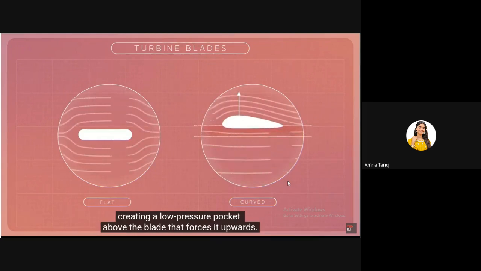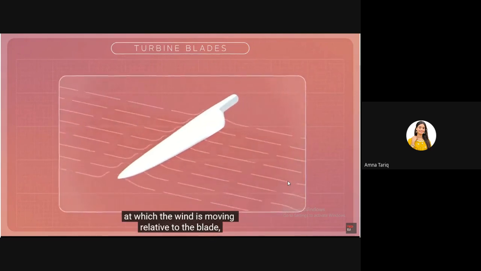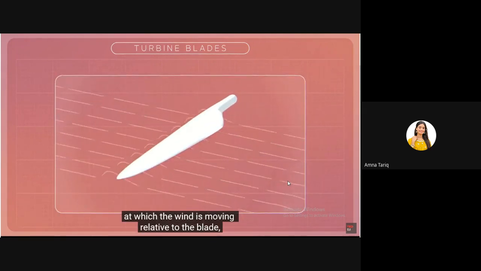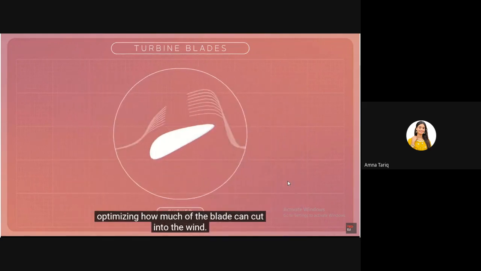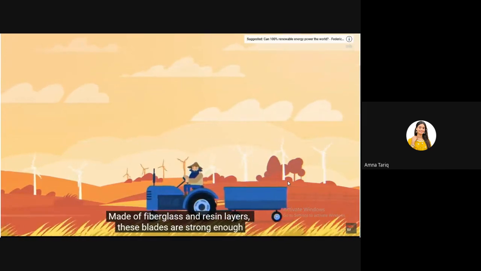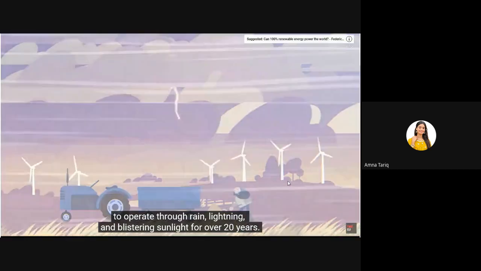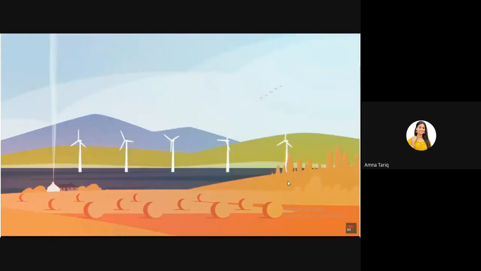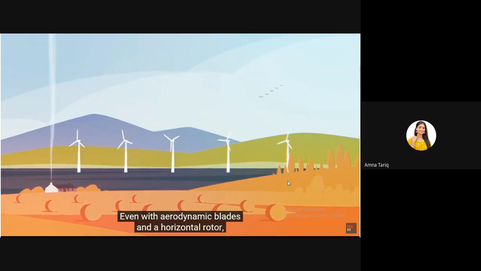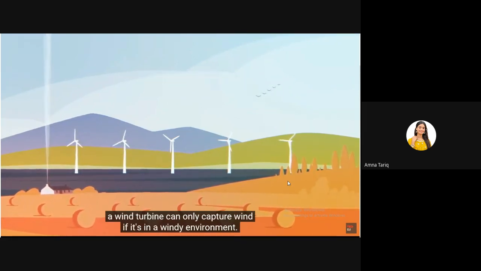Here are two types of blade. See that, flat and curved. We should always install wind power where the speed of wind is good.